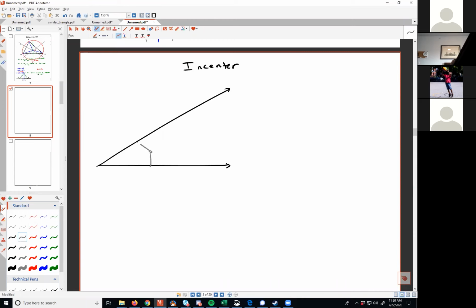Points like that and that. Then that's the angle bisector, all points on the angle bisector.